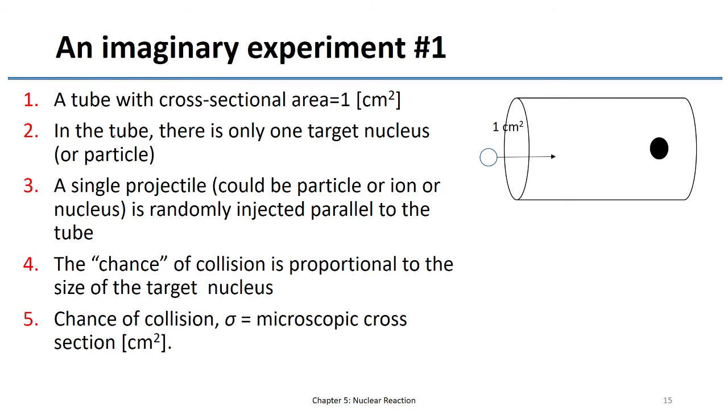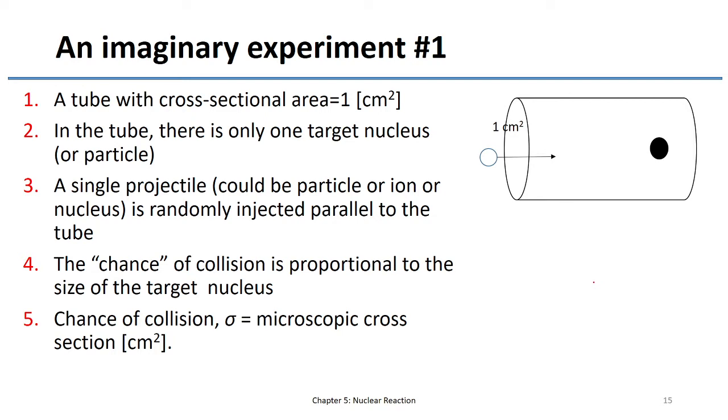Here in the tube there is only one target nucleus or particle. The target could also be, instead of a nucleus, a particle. So nuclear interaction may involve a particle and a particle, a particle and a nucleus, or a nucleus with a nucleus.